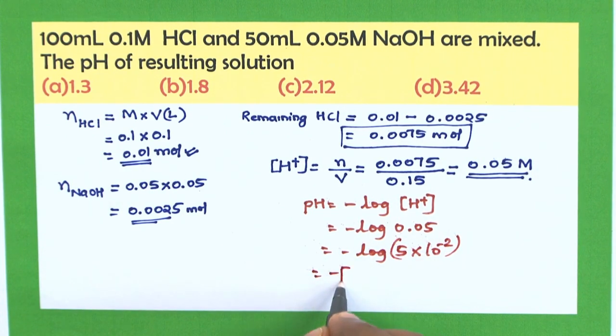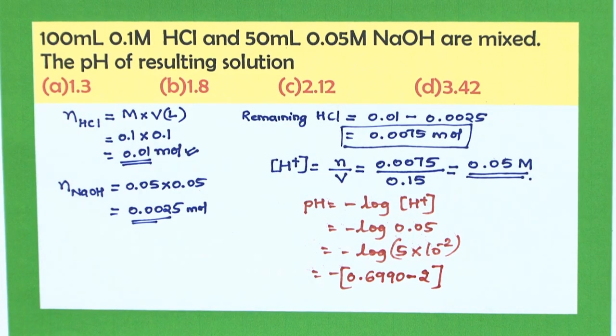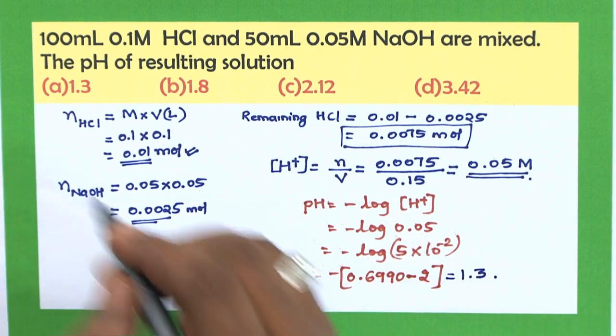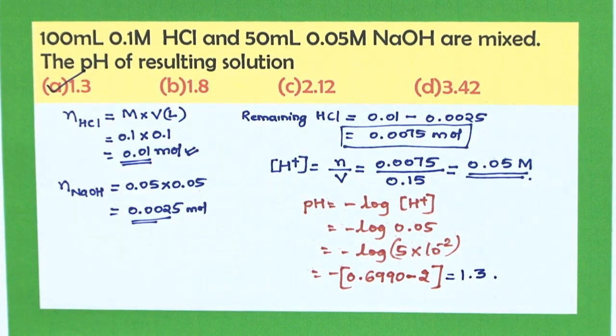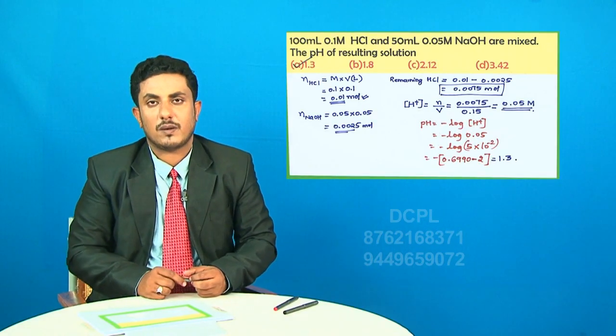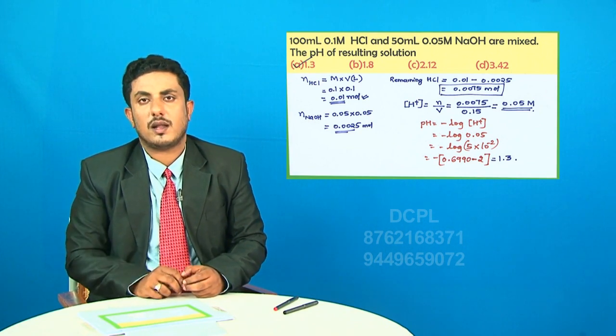Minus outside, log of A into B is log A plus log B, that is log 5, 0.6990, plus log of 10 to the power minus 2, that is minus 2 log 10. If we calculate it, you will get the answer equal to 1.3. Hence option A, that is pH equal to 1.3, is the right answer. Students, let's discuss the next problem.